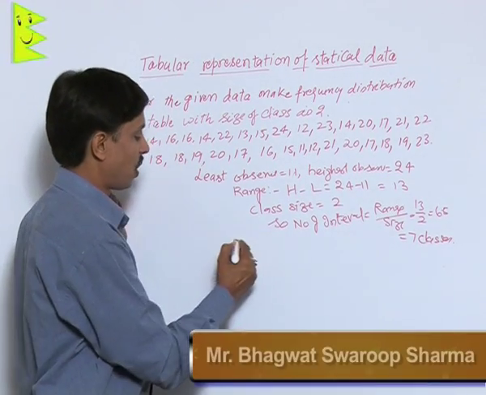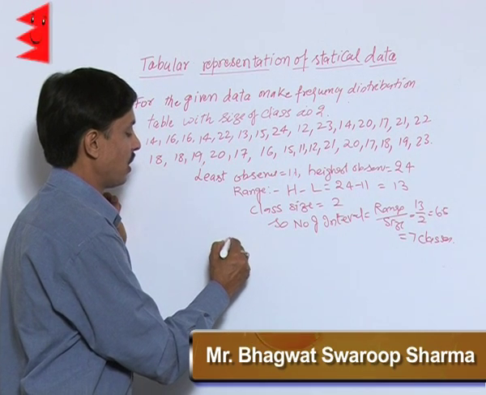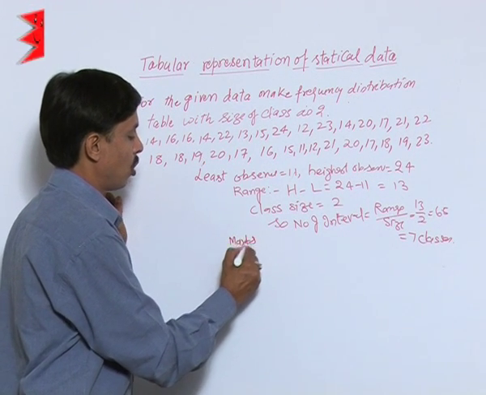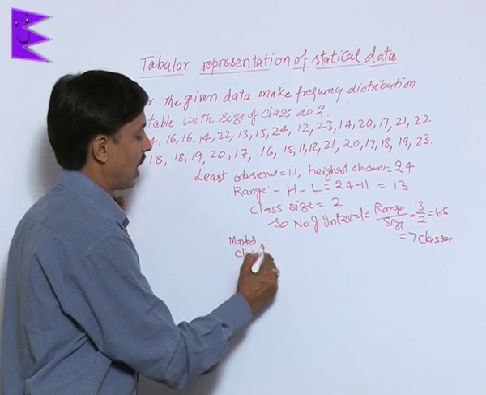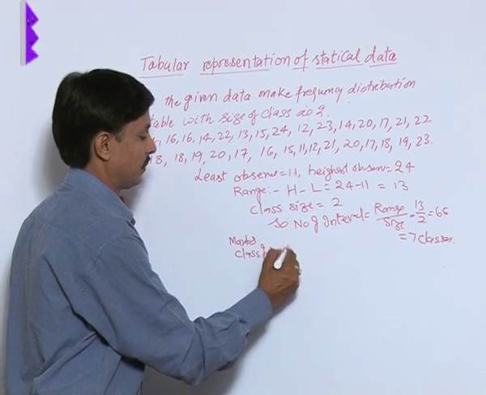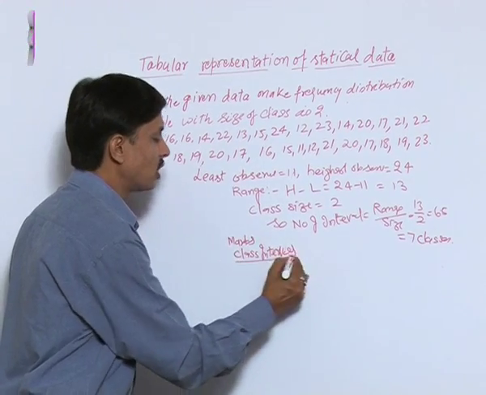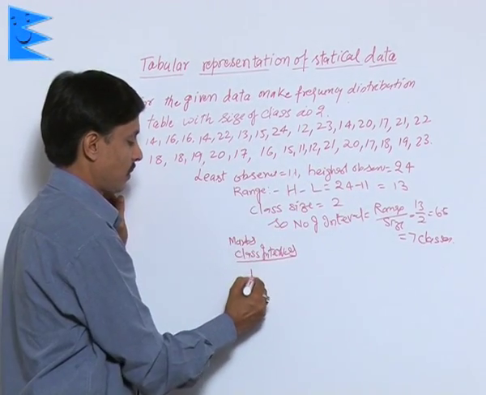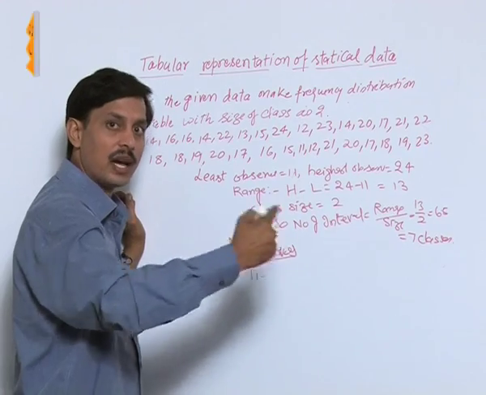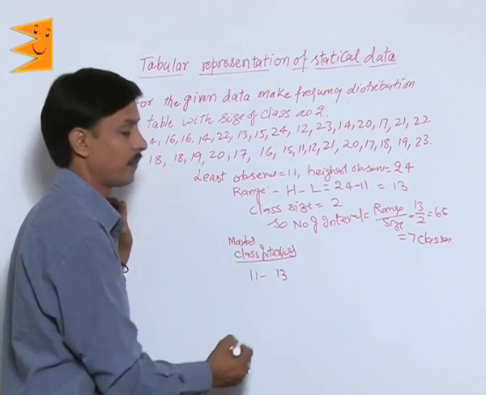First of all, we will write here the marks, or we can say the class intervals. The least observation is 11, and we have to maintain the gap of 2, so this is 13.